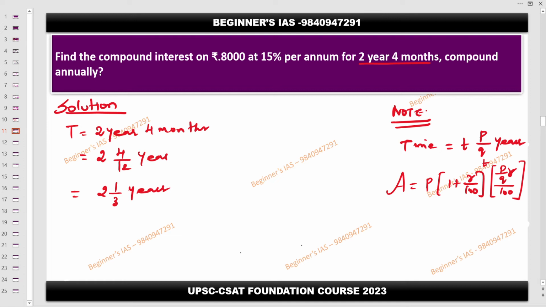Clear? So now that t is nothing but 2, p by q is nothing but 1 by 3. Then you can easily solve.